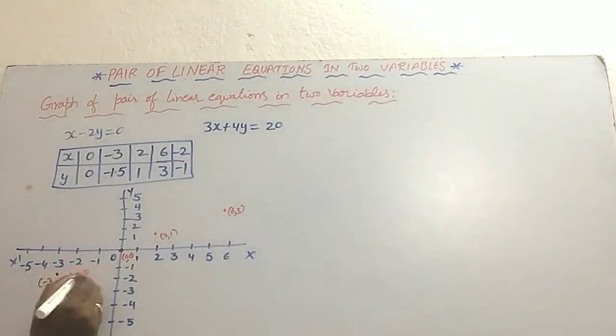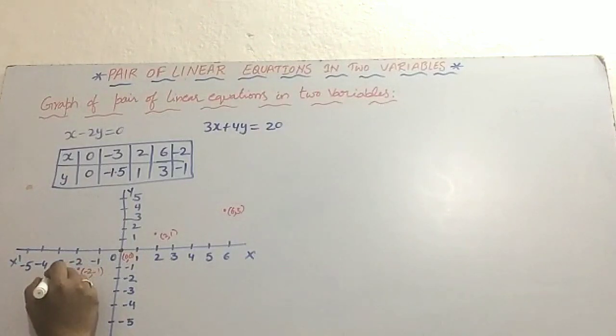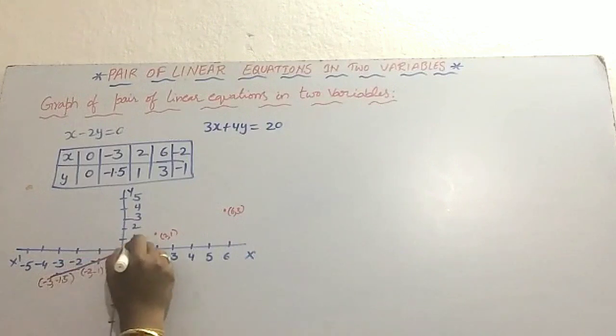So if we plot the graph, we will get a straight line.